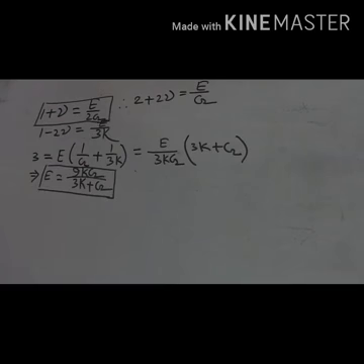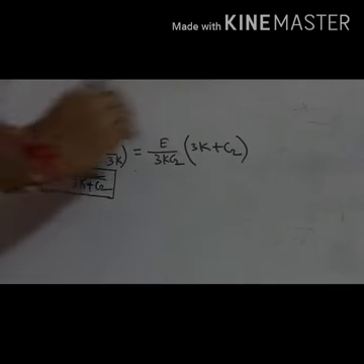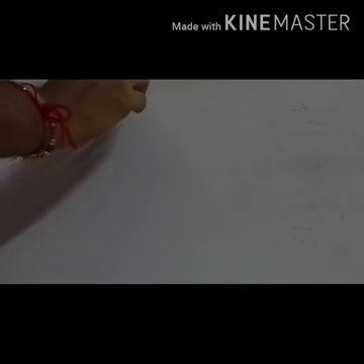First one: a bar of 12 millimeter diameter is acted upon by an axial load of 20 kilonewton.